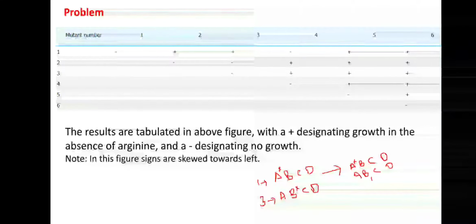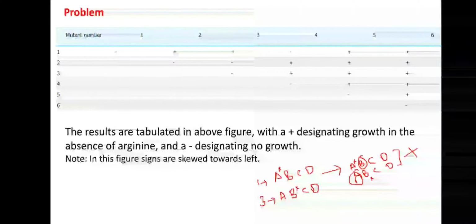Here B is mutant. So in this diploid state, for normal A, normal A can come from this side from mutant 3, and normal B can come from mutant 1 in the diploid state, and they will retain the prototrophy.